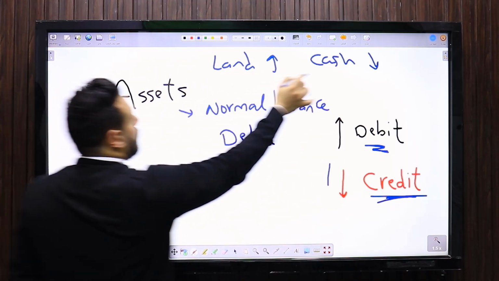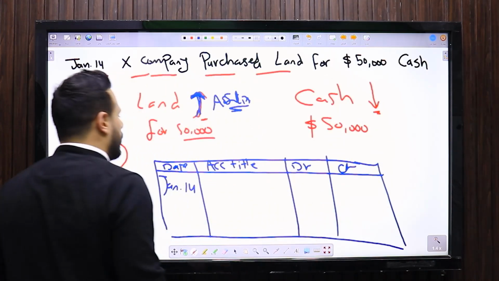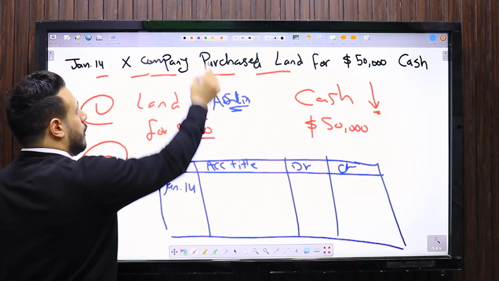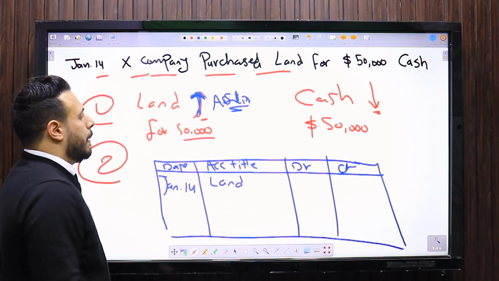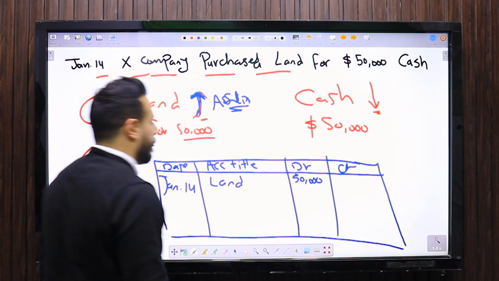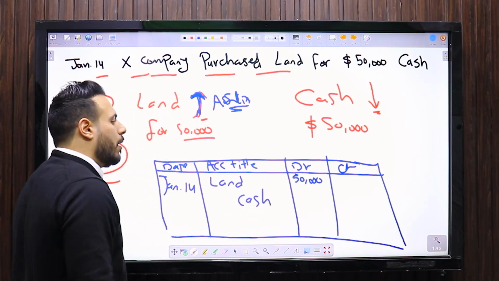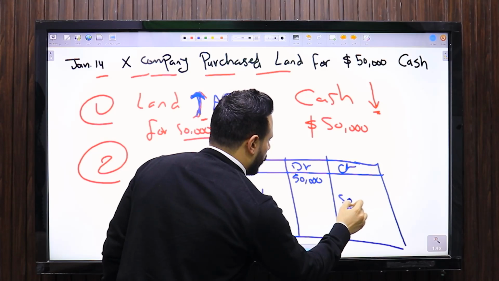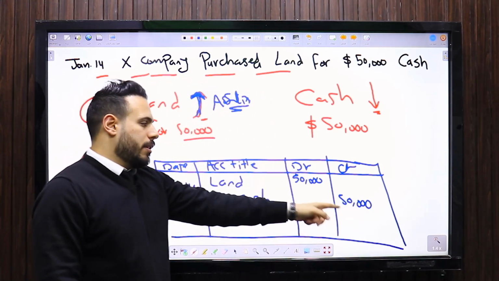Let's return to the last page to record the transaction. On Jan 14, I will record land at the debit side by $50,000 and the cash at the credit side by $50,000 too. The debit side equals the credit side.